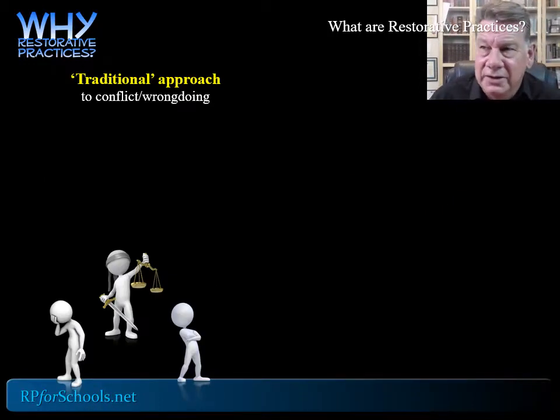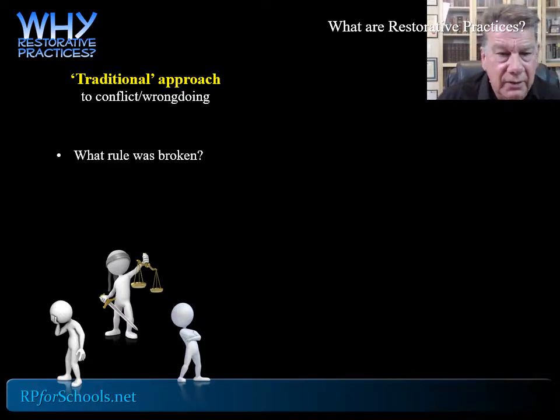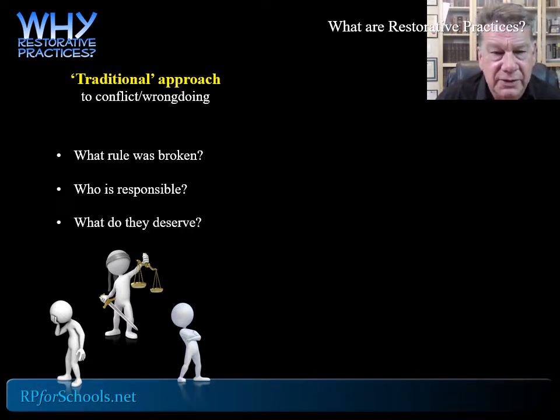The traditional approach to wrongdoing in schools was to ask three questions. What rule was broken, who's responsible, and what do they deserve? And it's borrowed essentially from the criminal justice system, where somebody, a judge or an administrator or a year level coordinator in a school, would decide for those affected that a particular rule was broken, who was responsible, and what they deserved.